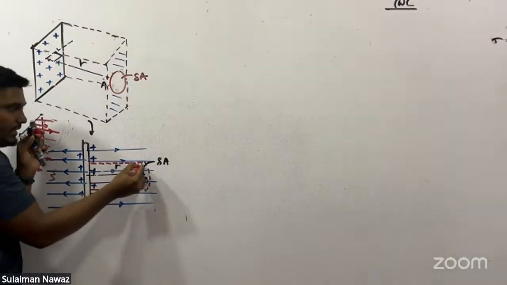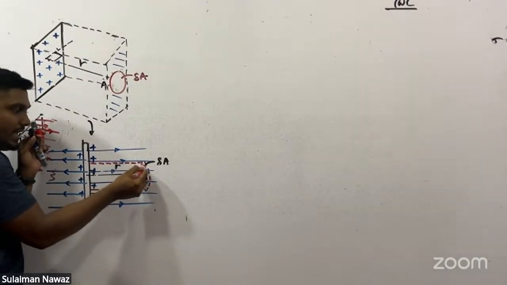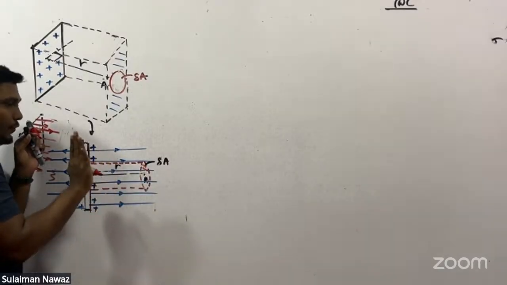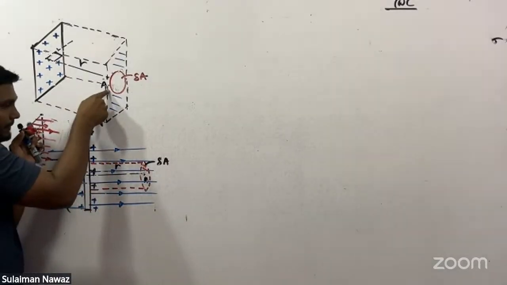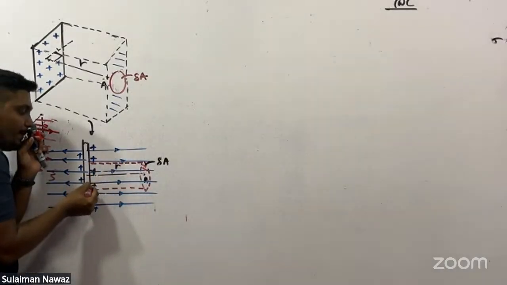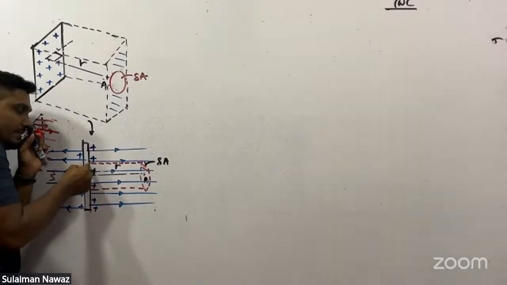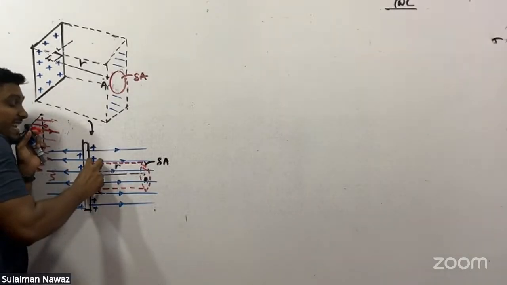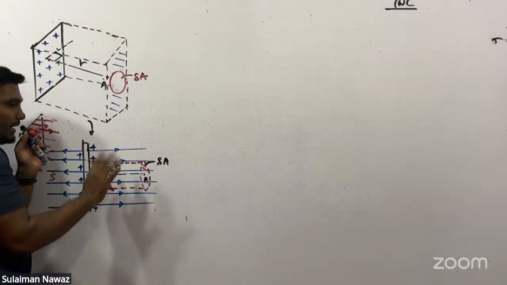Actually, the Gaussian surface is a circular area, not the cylindrical area. Don't misunderstand that. But why I am drawing a cylinder is to show that only the charges in this region are going to contribute for the intensity at point E. That's my target.